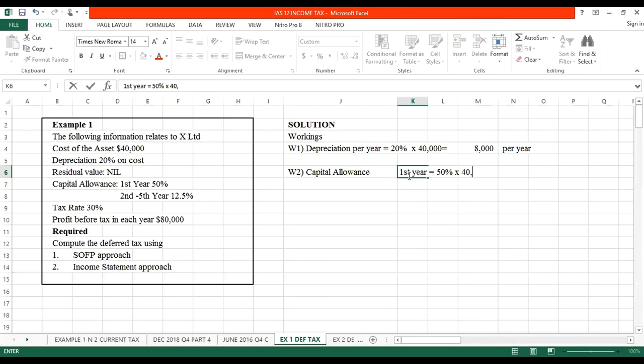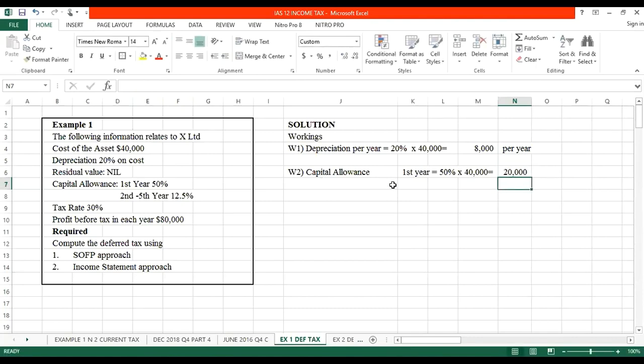That is the allowance that the government gives you. So that gives you 50% times 40,000, which is 20,000. That is the first year.